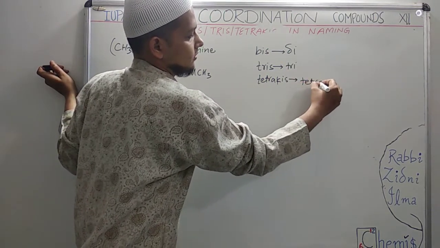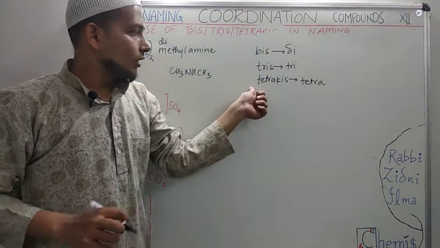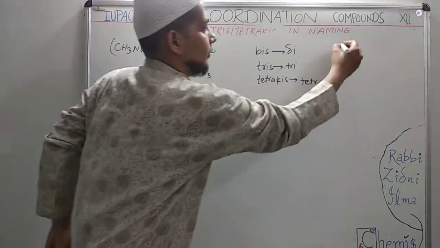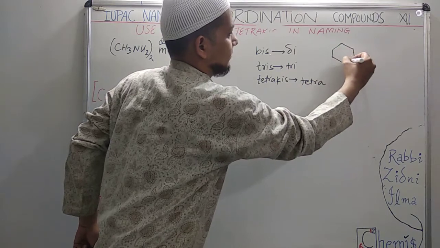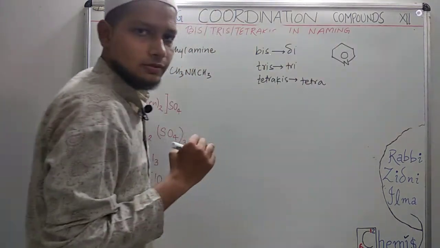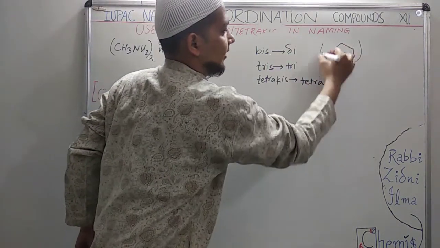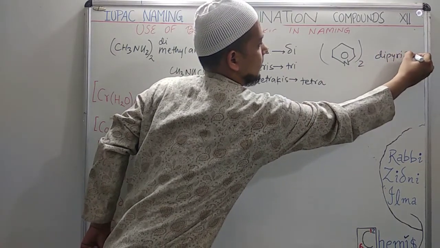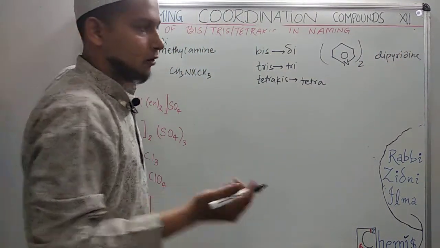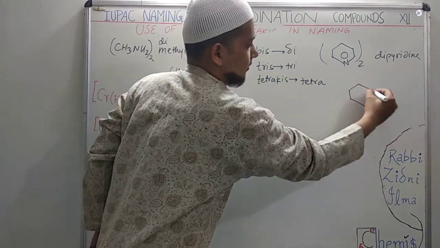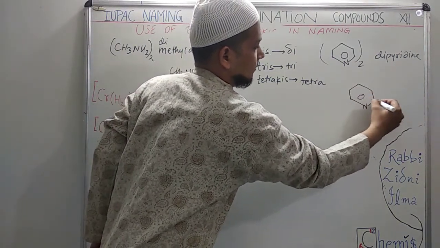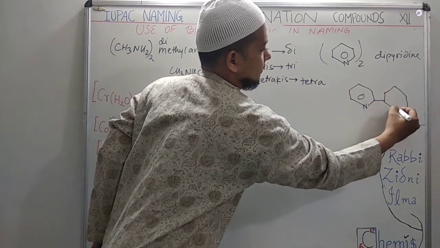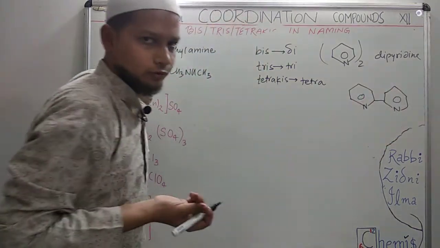One more particular example, if you know pyridine, it looks like this. Pyridine. So if you have 2 pyridine, you will write dipyridine. But dipyridine is also a different compound. Dipyridine is what? It is like that. So it will create a lot of confusion.